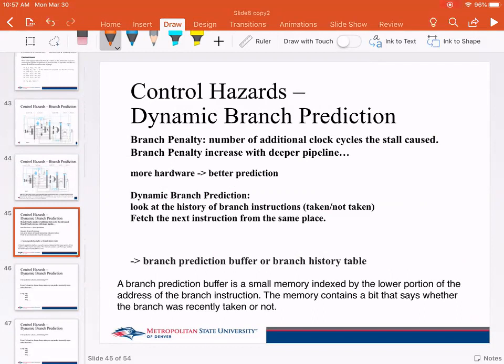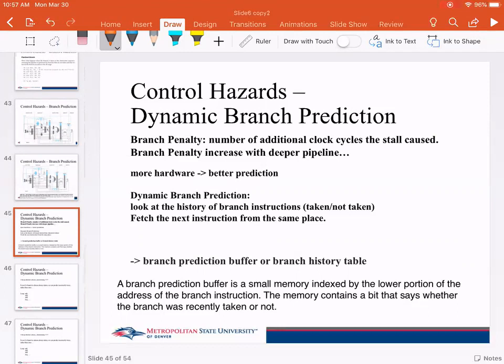So we want to predict more intelligently. If we could do a better prediction and always execute the next instruction with a higher probability, then you want to stack the instructions into your pipeline with the higher probability of being executed. Then of course we could get higher efficiency for the whole pipeline.